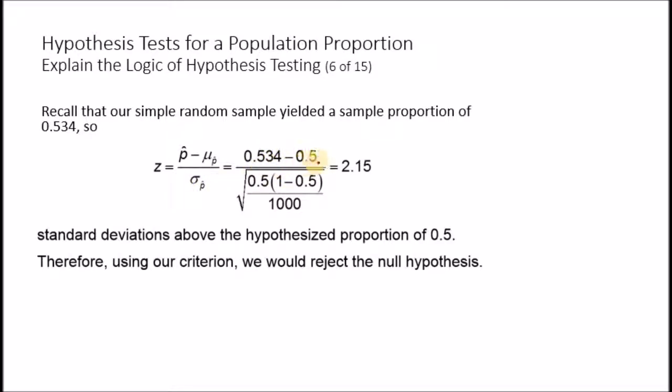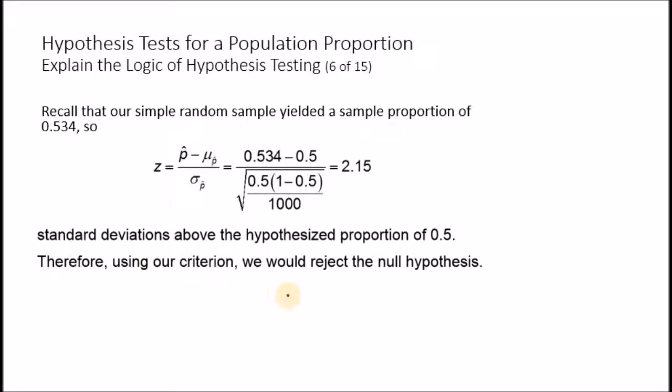P hat was computed, the mean of the distribution of the sample proportion is 0.5, which is the population proportion, and we divide by the standard deviation of the sample proportion. We will get z equal to 2.15. So the sample proportion we computed is 2.15 standard deviations above the mean, which is 0.5.